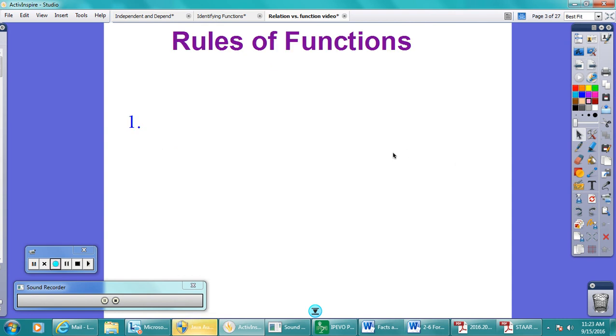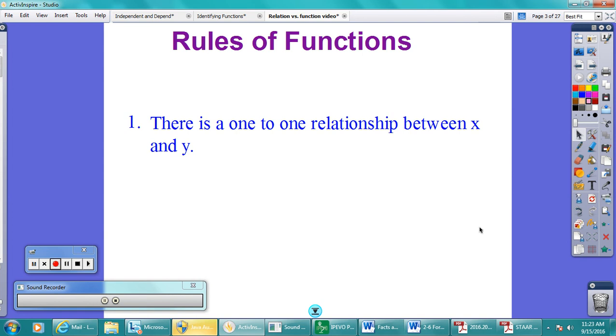Now, let's talk about the rules of a function. What makes a function different from a relationship is, number one, there is a one-to-one relationship between x and y. What do I mean by one-to-one relationship? Well, I'm going to write this down too.